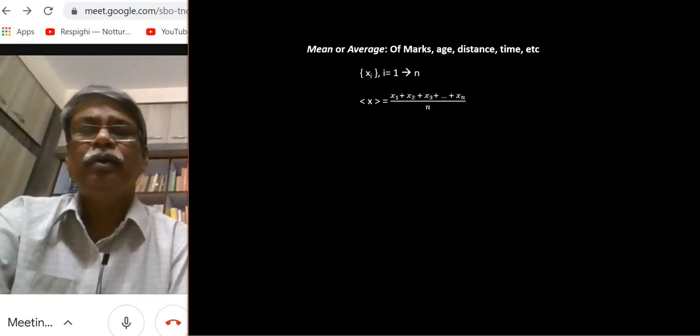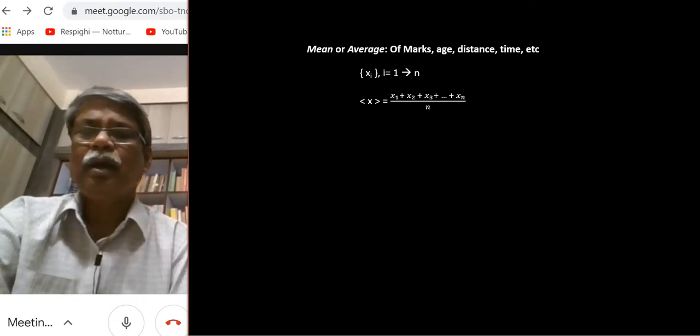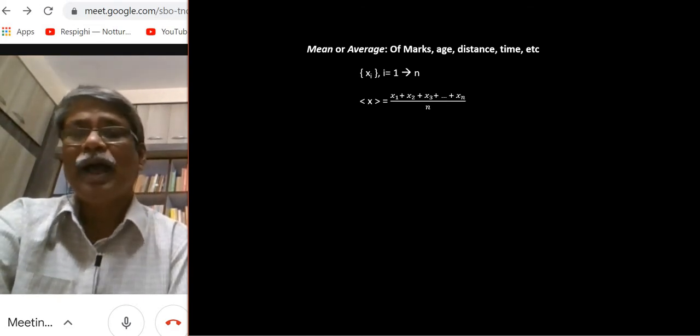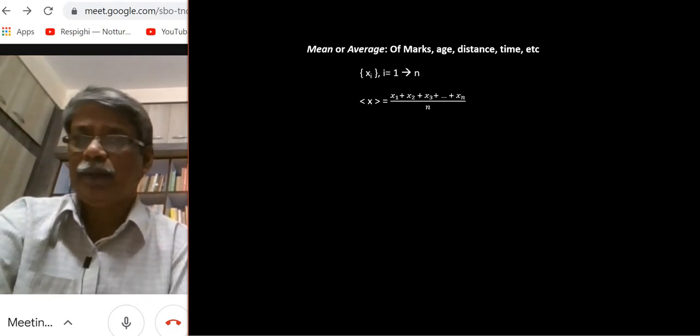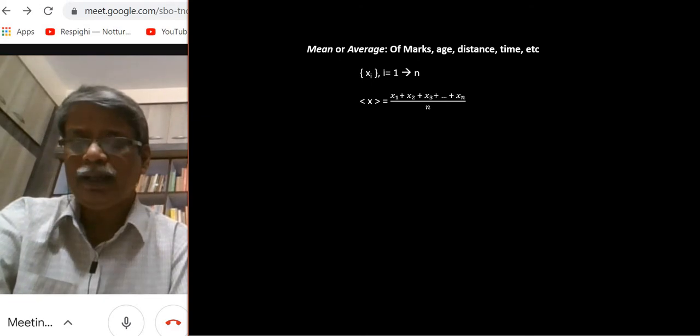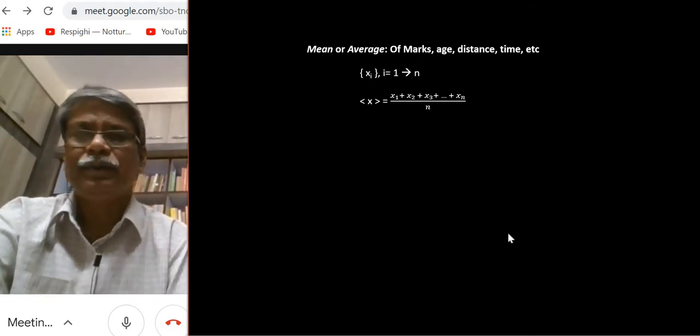But before that, what it means is very simple. Suppose you have n data points, xi, i equals 1 to n. Then the sum of xi divided by the total number of terms is your x average. Mathematically, it is sigma xi, i equals 1 to n, divided by n.